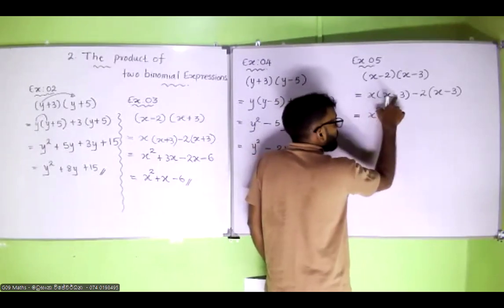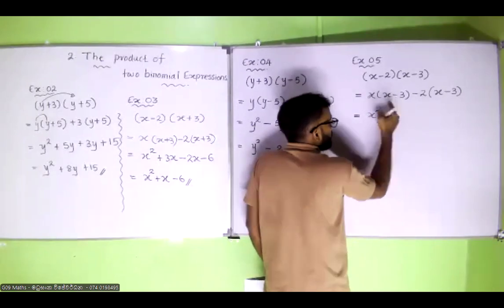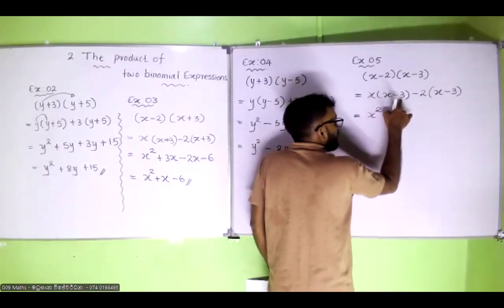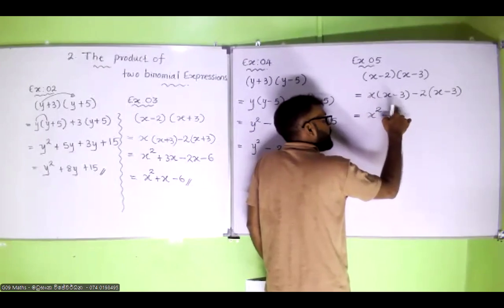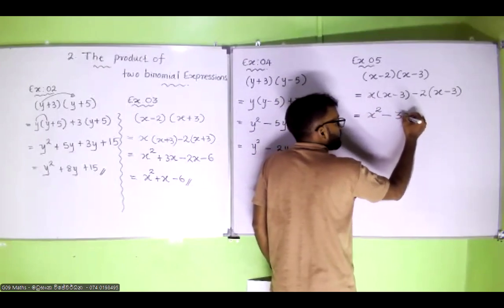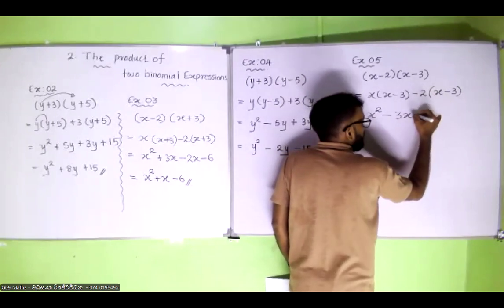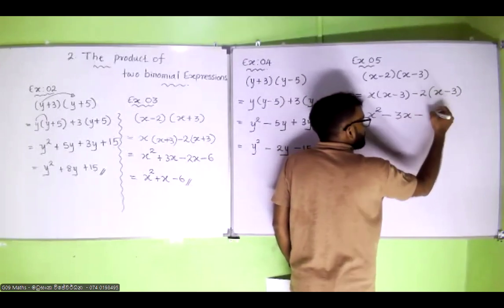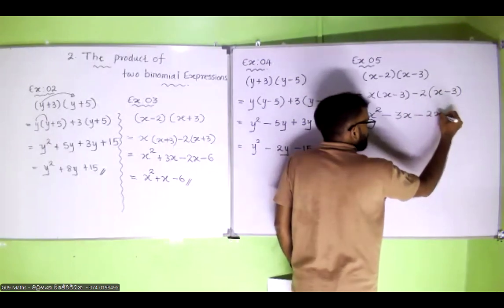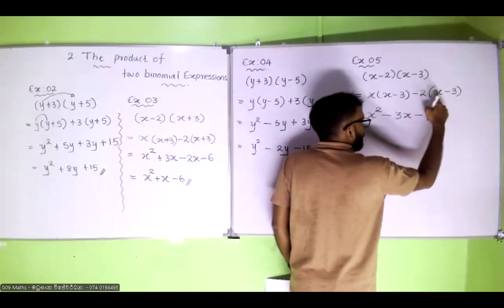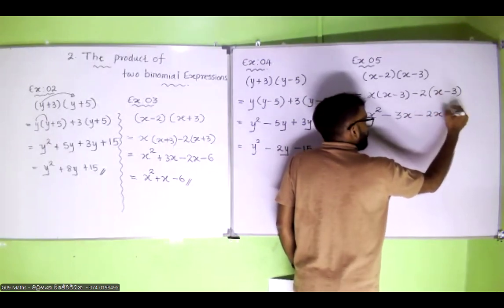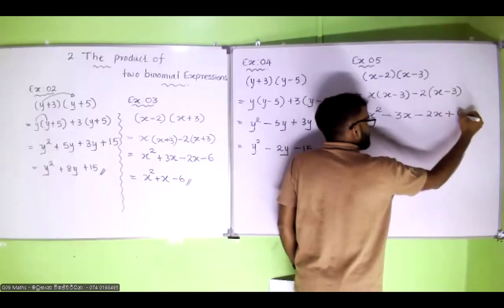Positive into negative, negative. x multiplied by 3, x3, that is 3x, right? Negative into positive, negative, 2 into x, 2x. Negative into negative, positive, 2 into 3, 6.